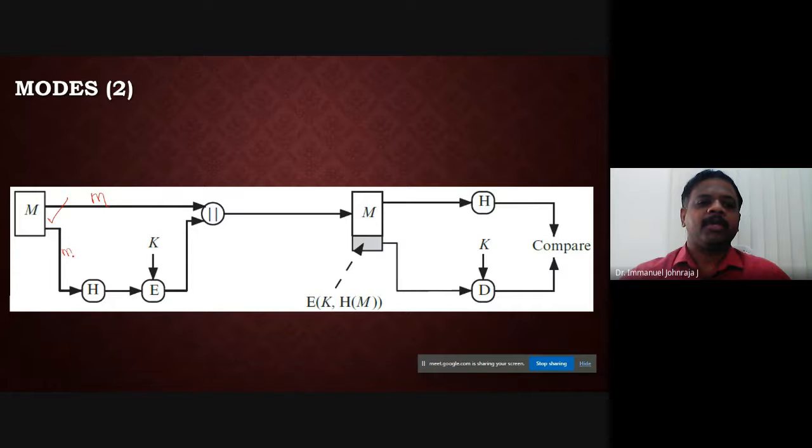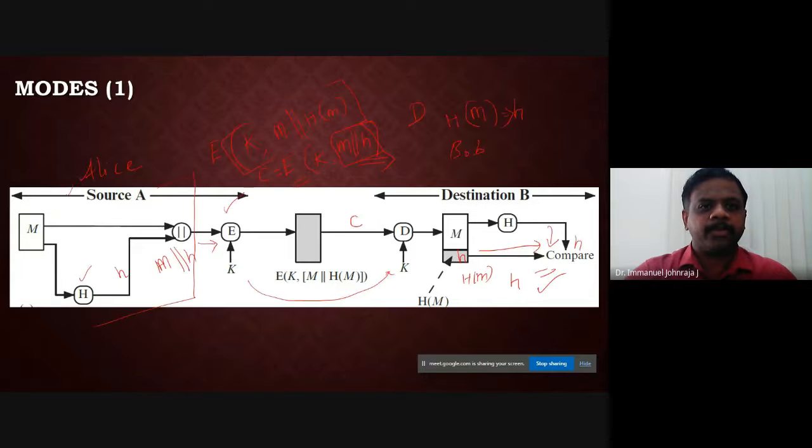Here also M comes and is applied to the hash function to get H of M, the hash value. This hash value is encrypted. But if you remember in the previous case, the original message and the hash value were appended and then encrypted. Could you see here? Yes, that's what is happening here.